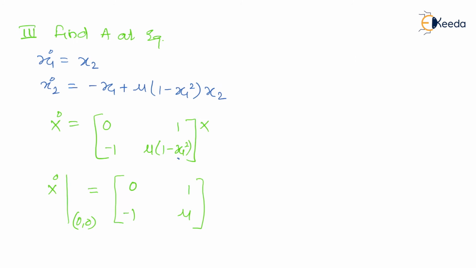Why does it become mu? Because the value of this x1 is equal to 0. I hope you remember. So since the value of x1 is 0, x1 square, 0 square, is also 0. So my x dot is equal to 0, 1, minus 1, mu, the whole into x.